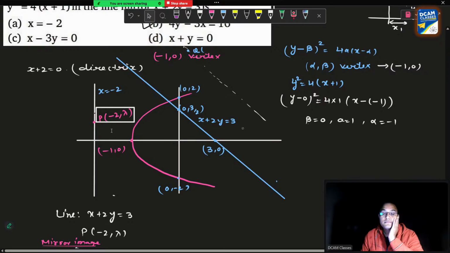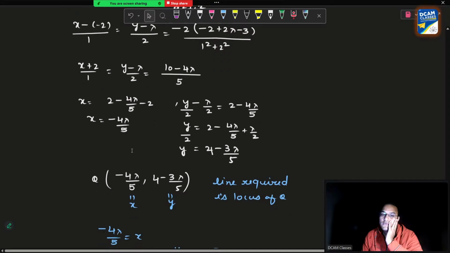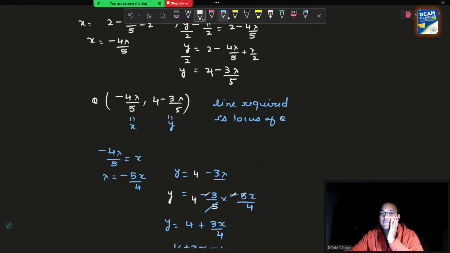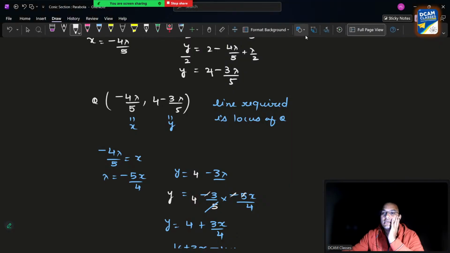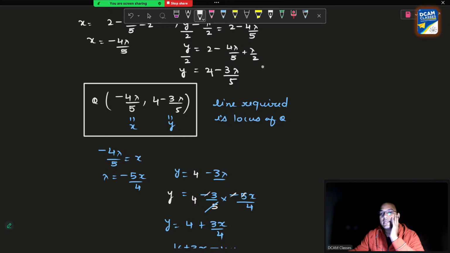Yes. Now what I have done, I have found the mirror image of the point P using this formula. After finding the mirror image, just try to find the locus. The technique of finding the locus of a point is, you have to remove the unknown variable.